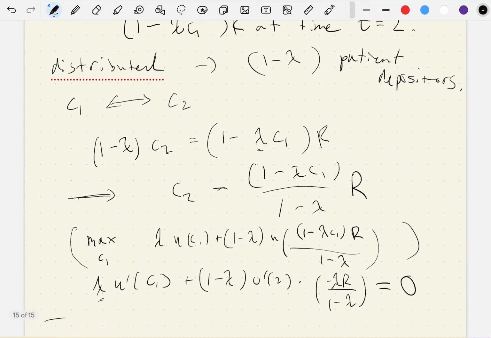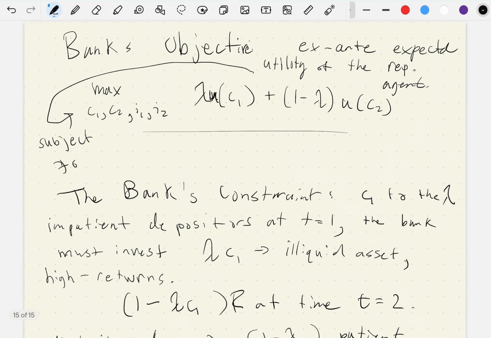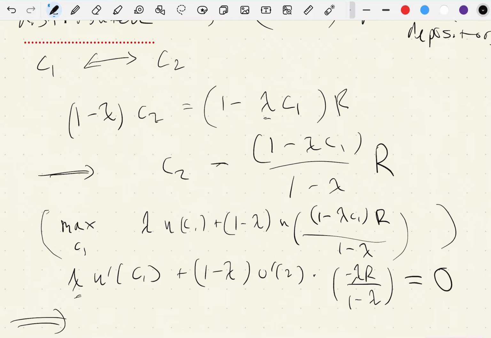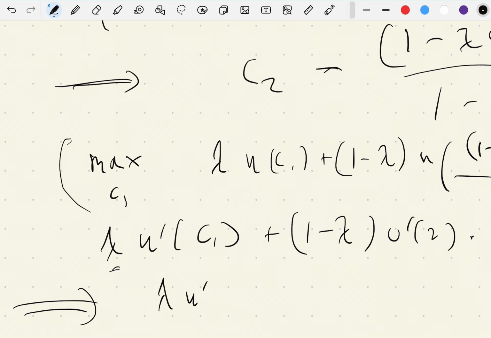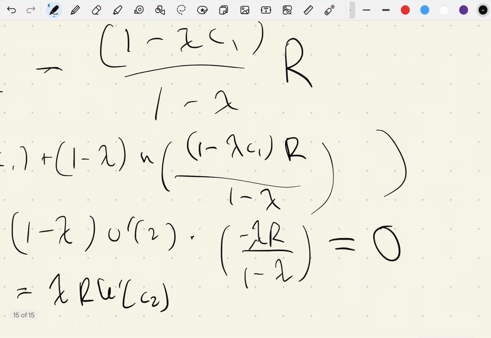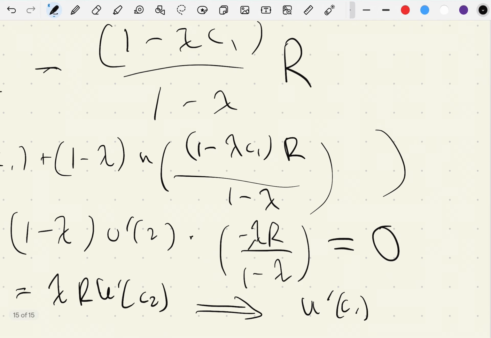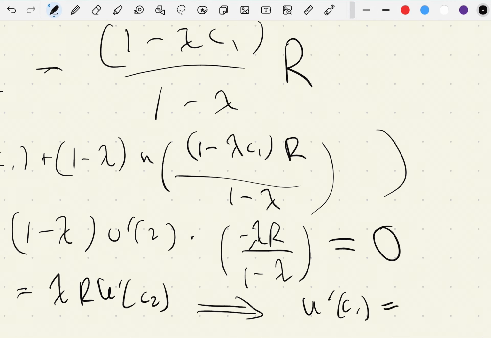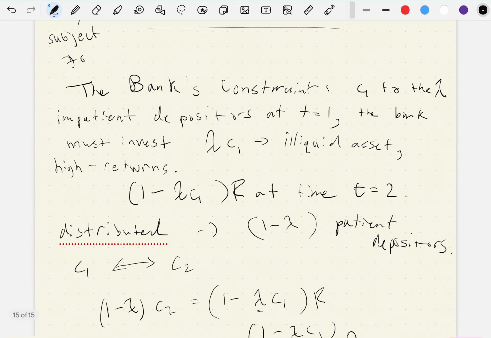When we set that equal to 0 and try to find the extremal values of this, the bank's constraint as well as its objective, we get that u prime of C1, the derivative of the utility function of consuming something right now, must be equal to the return R that I reap times the derivative of the utility function at C2.